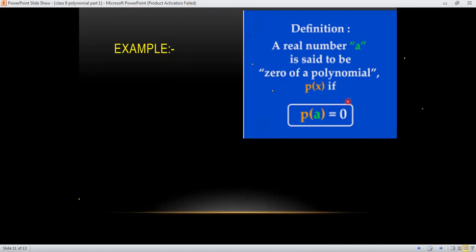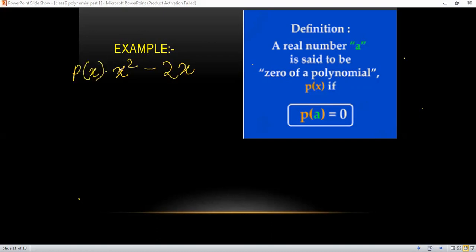What does this mean? For a zero of a polynomial, the number a can be any number, 2, 3, 4, 5, any number. Suppose I take one example, x square minus 2x for p(x).